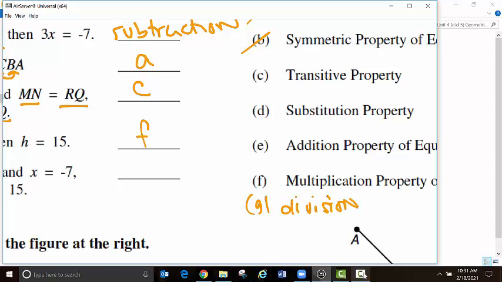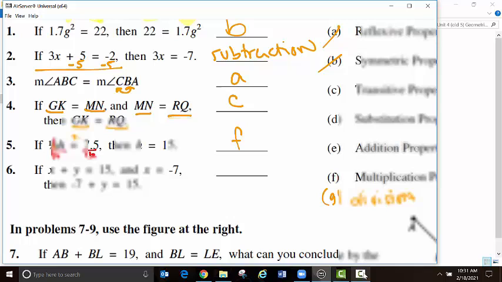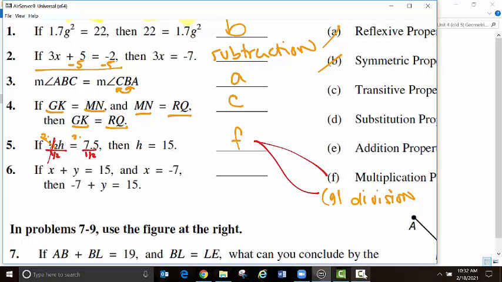And here's why. How do you get rid of 1/2? You can multiply both sides by 2, and you would get your answer. That's not how I solve, though. I divide by 1/2, and you'd still get your answer. So you could have said multiplication or division.